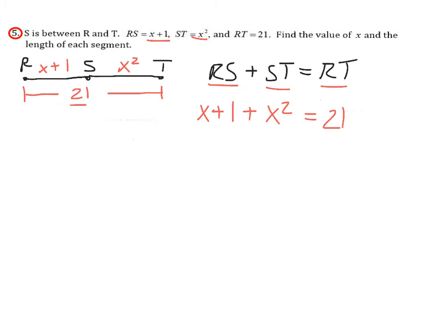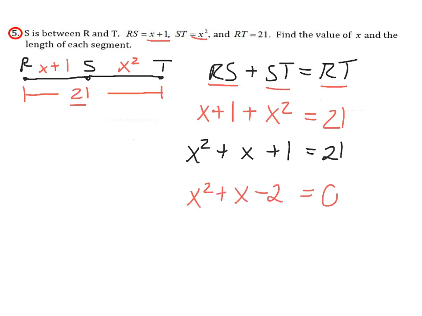First, I would rearrange your equation so it's in standard form. So x squared plus x plus 1 equals 21. Next, I would set it equal to 0. Since we have an x squared term, an x to the first, and a constant, I'm going to have to factor.